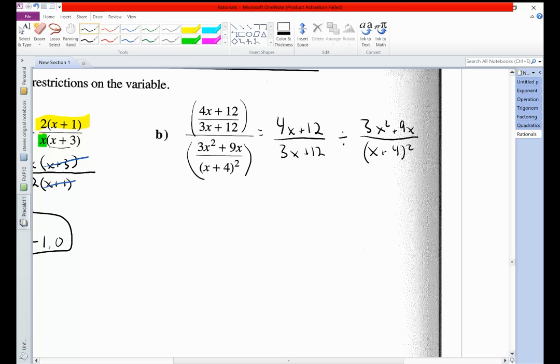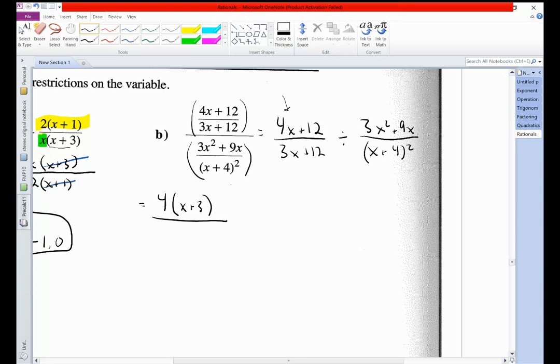So now that I see this, I can see that my non-permissible values are going to be, maybe I'll just put them over here for now and we can write them with the answers after. Actually, before we do our non-permissible values, we need to factor. I don't know what I was thinking. So let's factor everything. So the top left term, we can factor a 4 out, and we're left with x plus 3.